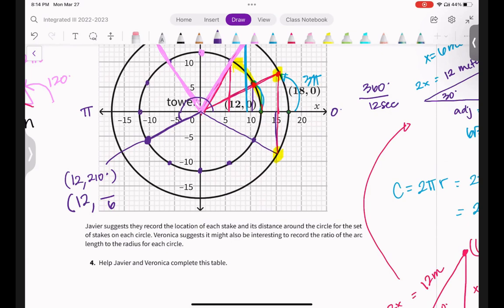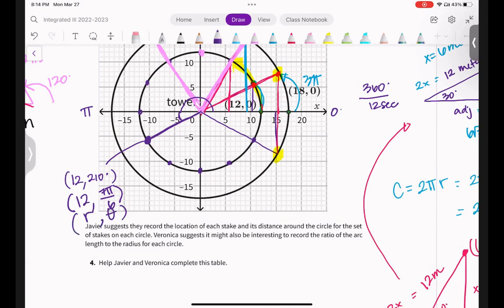So I have a whole pi, which is 6 pi over 6, and then I have an extra slice of pie. So how many slices do I have? I have 7 pi over 6. We're going to play around with this more later, but this is an actual location: 12 being the radius, theta being whatever angle you are.